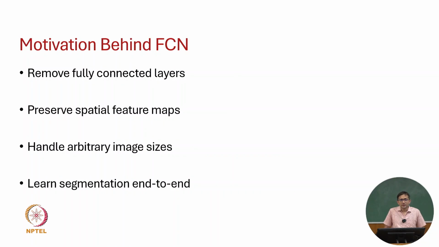So what's the motivation behind the FCN, fully convolutional network? To achieve pixel-wise prediction, it works by removing the fully connected layers and thus preserving spatial feature maps. If we had the fully connected layers, you'd remember from our discussion that we are losing the spatial information, whereas by removing them, we are preserving the spatial feature maps.